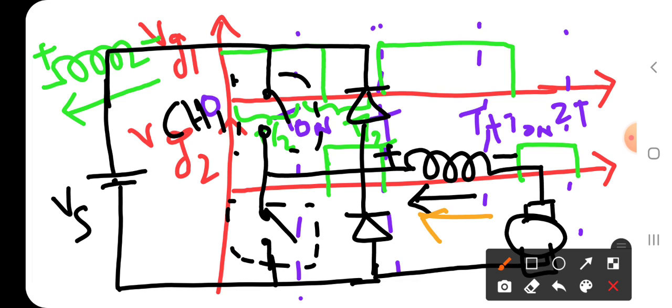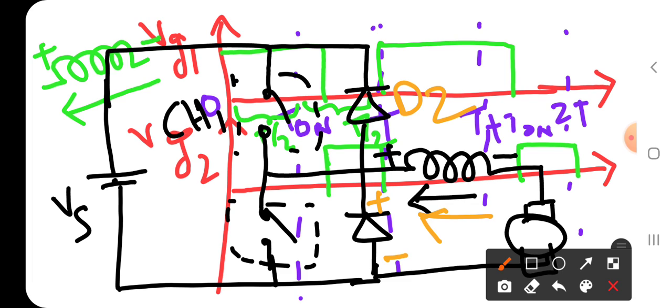If the current has to flow like this, then which switch has to be forward biased? The diode D2. Yes, D2 has to be forward biased, so then only it is applicable. D1 is not possible because this is negative and that is positive.